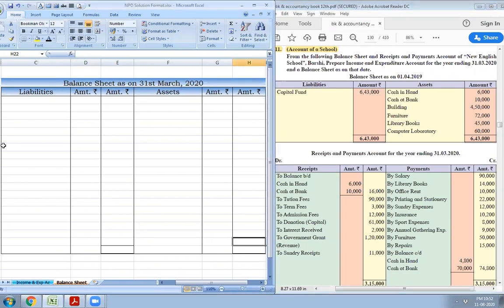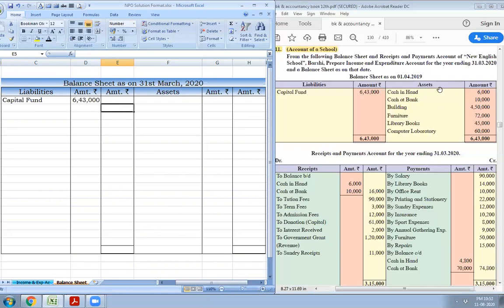We will record it on the balance sheet liability side as capital fund, amount rupees 6,43,000. We will record it in the inner column so that we can add surplus or deduct deficit out of it, and the net amount we will record in the outer column.